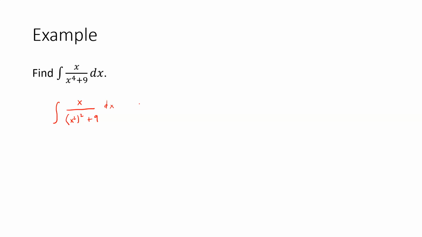We're going to let u equal x squared. Then the derivative is 2x dx, and so a 1/2 du will replace the x dx that we see in the numerator.